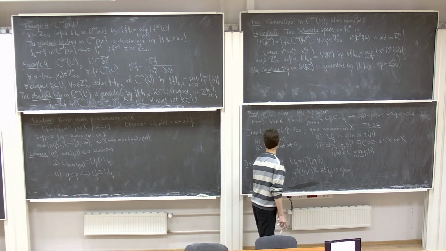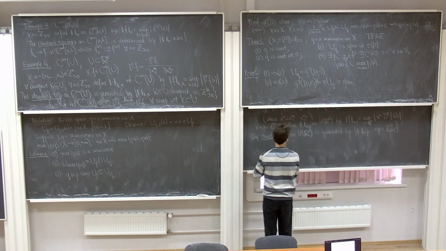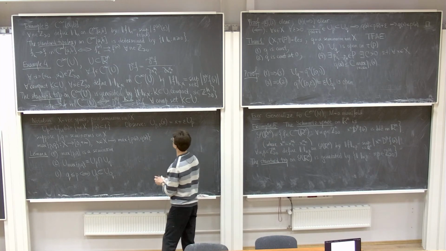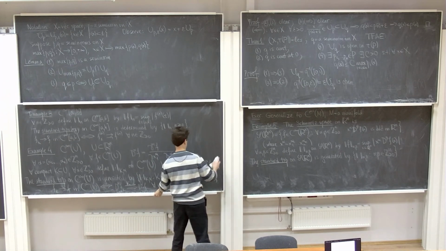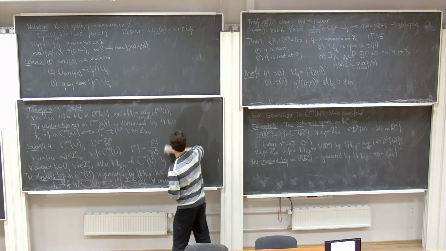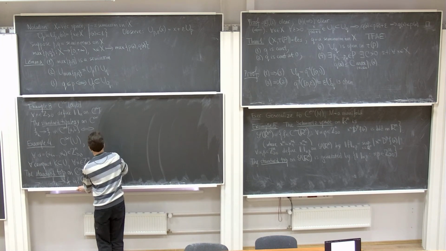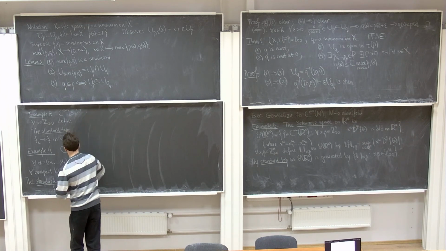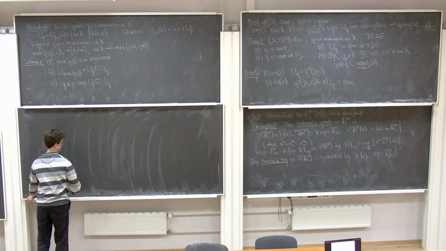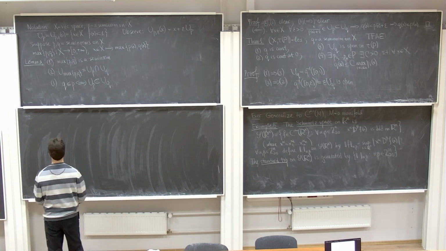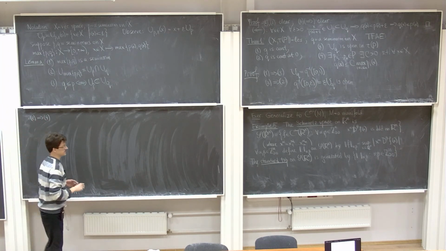Okay, let's now prove that 2 implies 4. We assume that Q is continuous at 0.